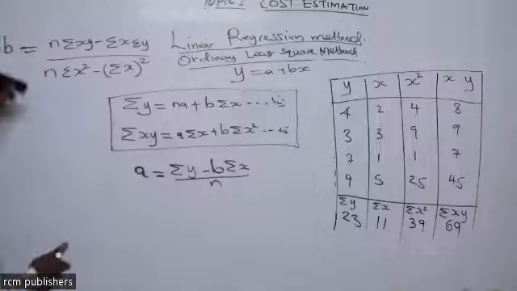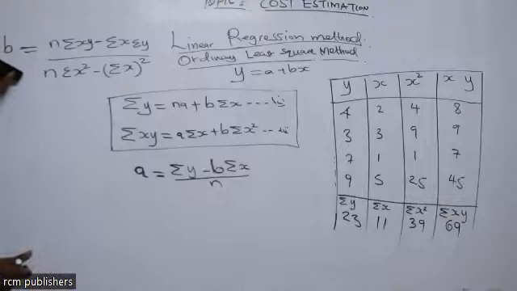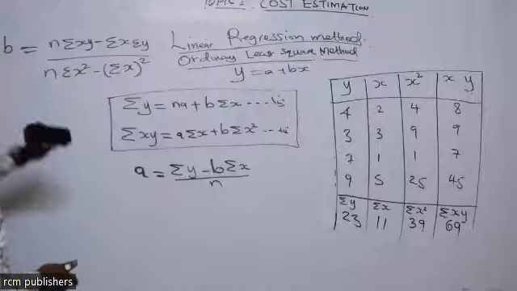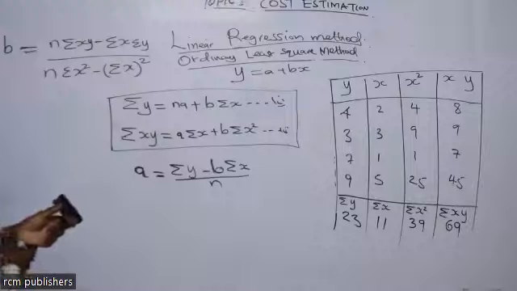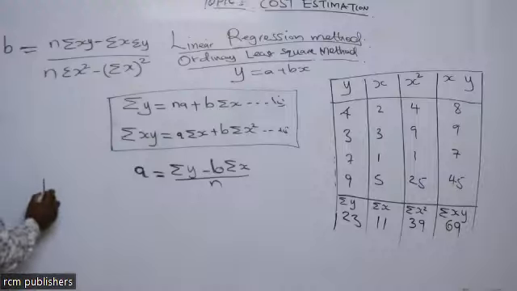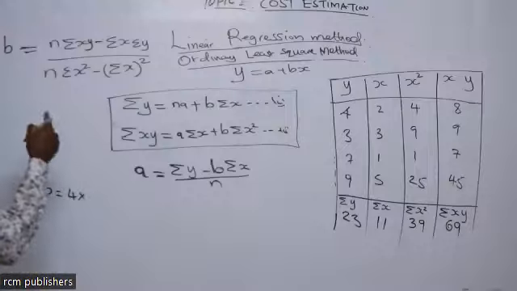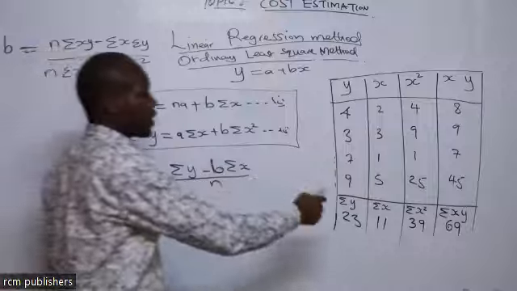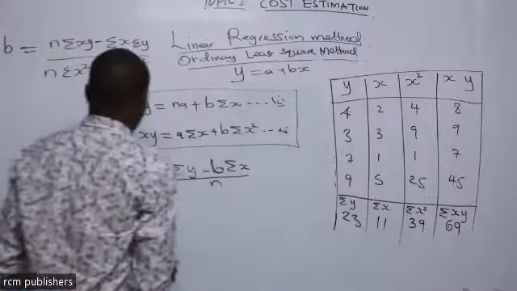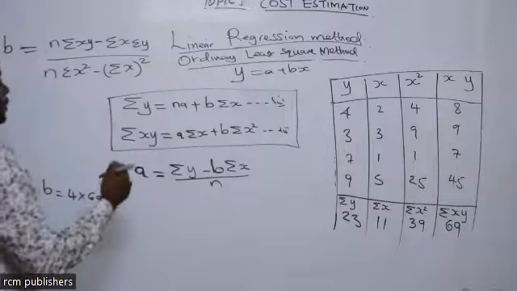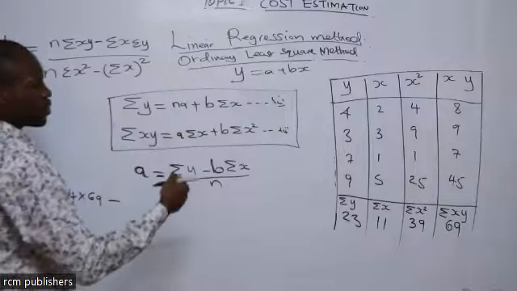Okay, so let's now proceed. Let's extract B from that data set. Our B is equivalent to n, which is 4, multiplied by summation of xy. Summation of xy is what we have in this column. That is 69. Then minus summation of x times summation of y.